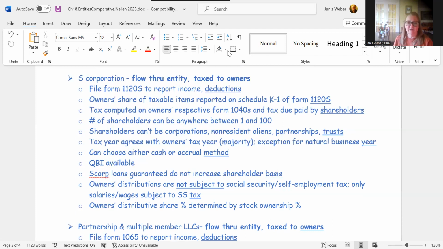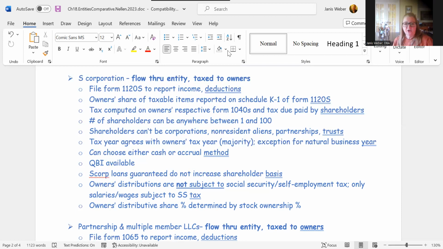So if you had a family of 25 people, they could all be considered as one shareholder in order to get your number of people that are investing in this corporation up some. So 100 shareholders, with each shareholder counting, could include multiple people that are in a related party situation with the family.